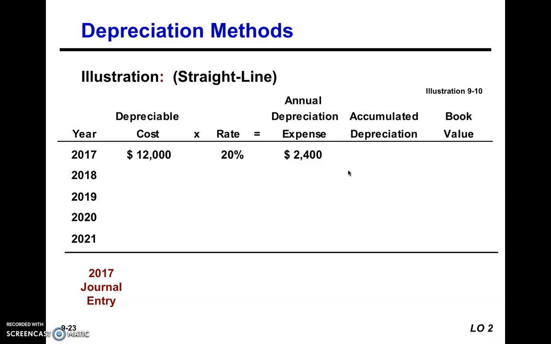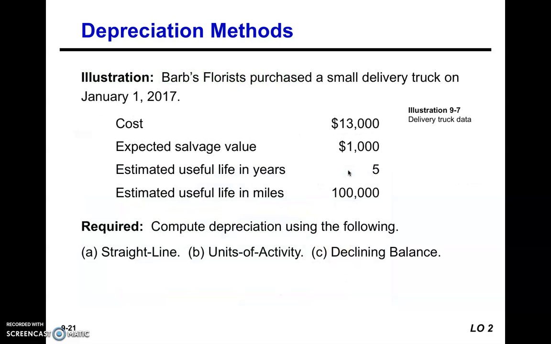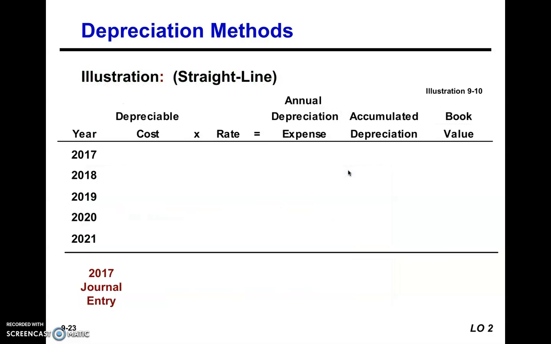And that's the total annual depreciation for the first year because we bought it on January 1st. If we would have bought it at any other date in the middle of the year, then the amount of depreciation for the first year would be a fraction of the $2,400.